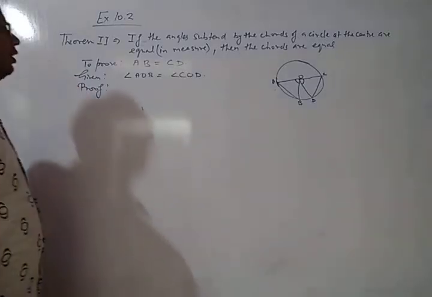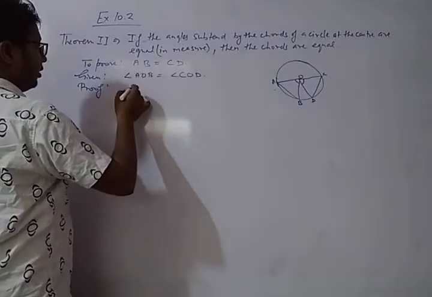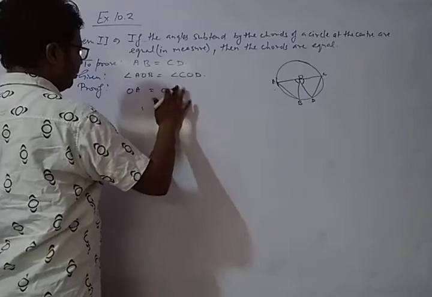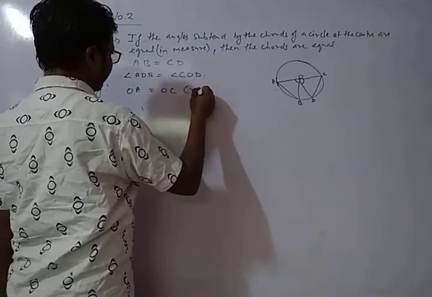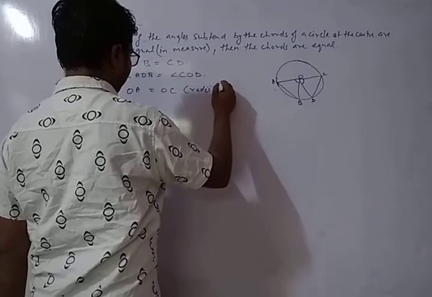Here you can see that OA is equal to OC, radii of the circle.